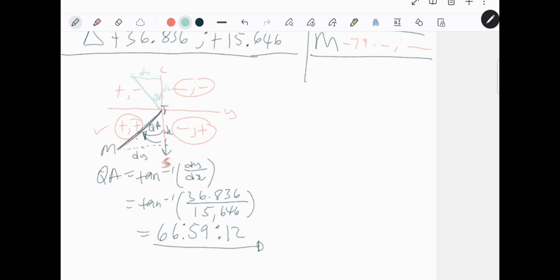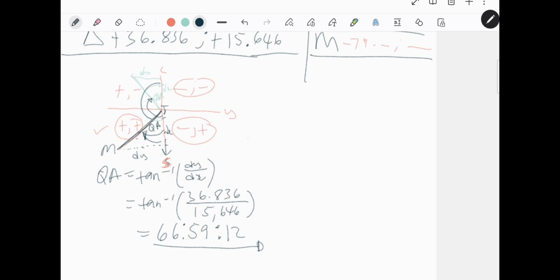So now to find your bearing, remember this whole angle here is 180. So to find your bearing in this case, you say the whole 180 minus the quadrant angle, then you are left with this one, which is your bearing.